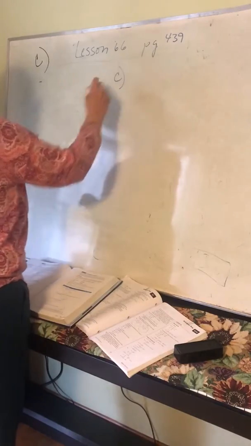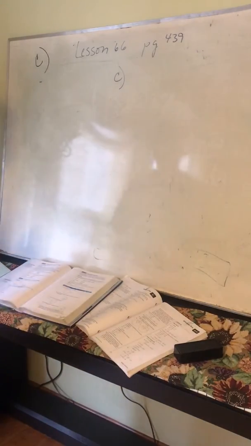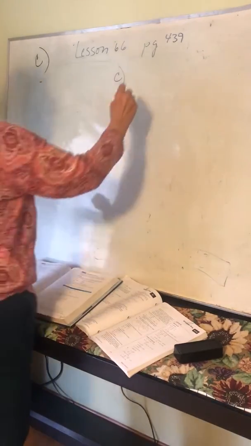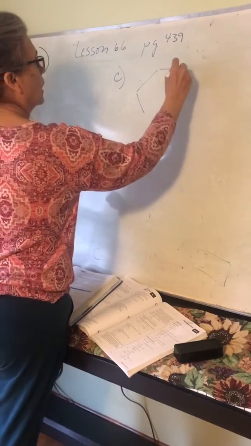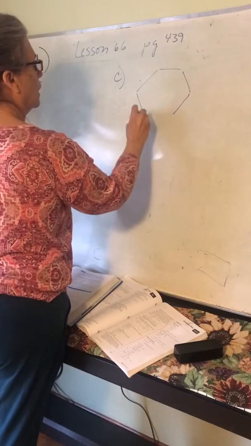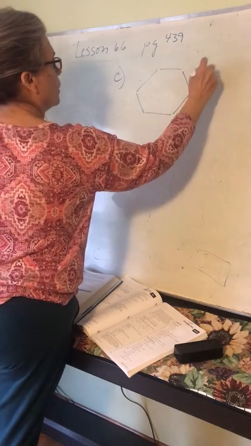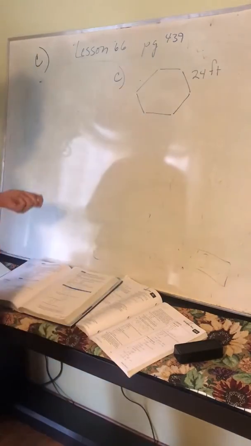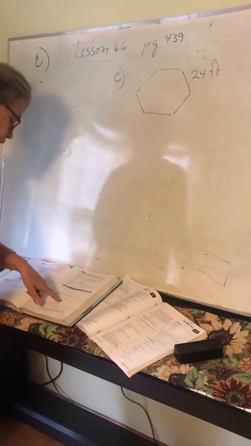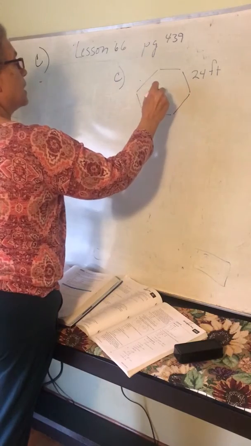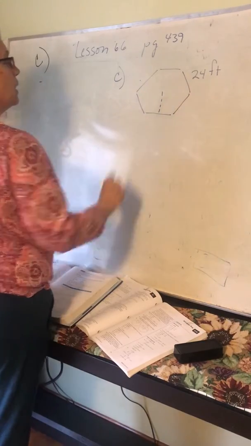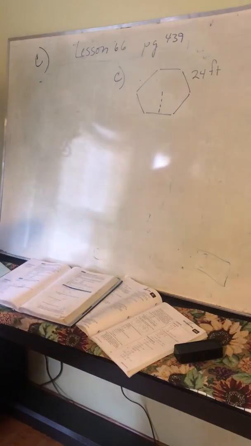So C is a regular hexagon. And each side is 24 feet. And they want you to figure the perimeter, but you do not know the altitude or apothem.